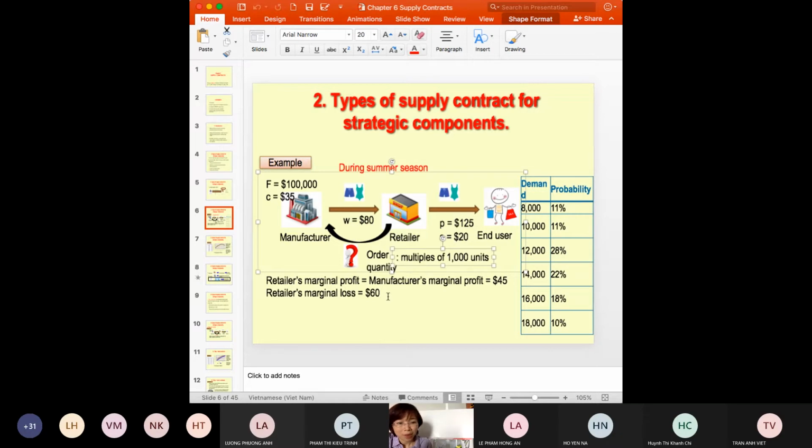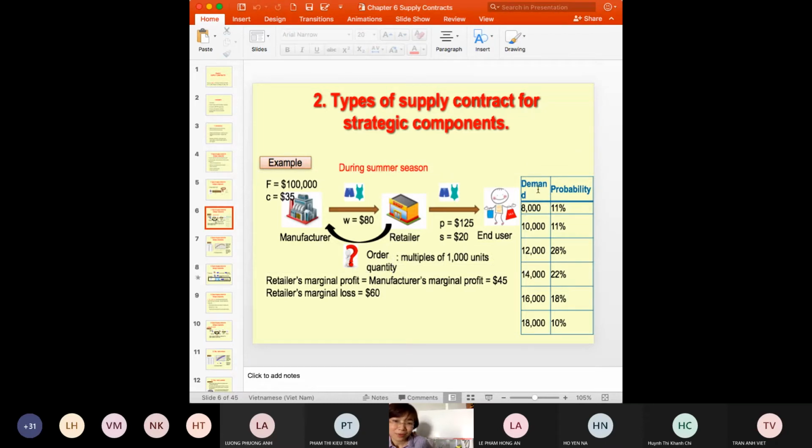So the marginal loss is $60. You compare that: the loss is higher than the profit you get.